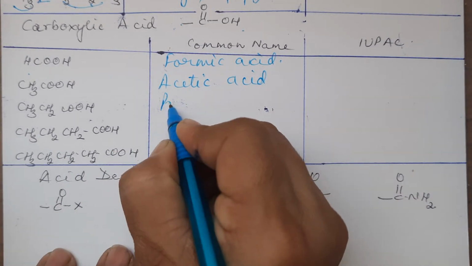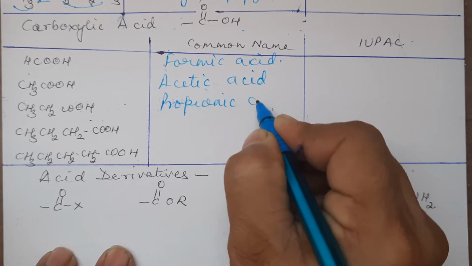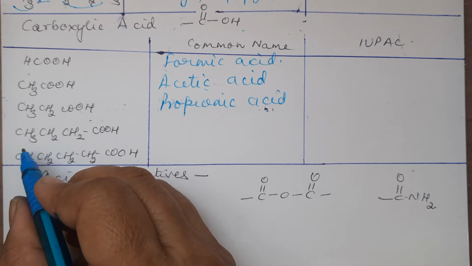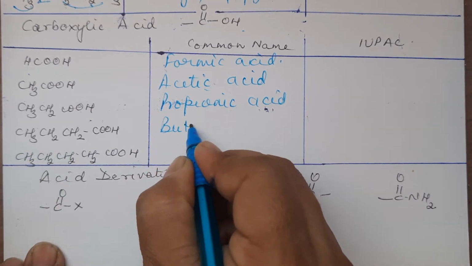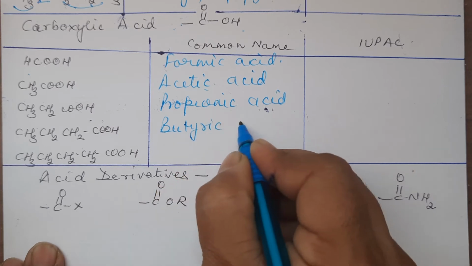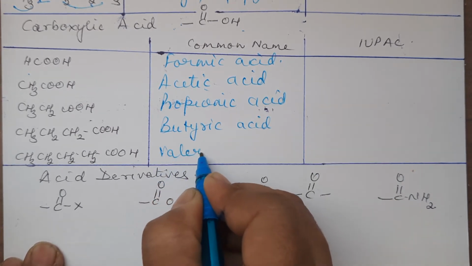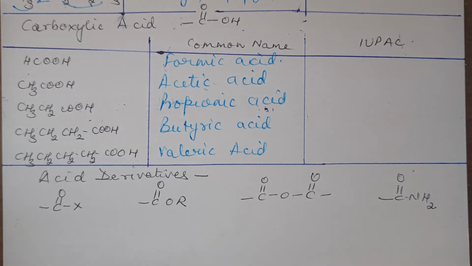The third one is propionic acid. The next one is with the 4 carbon atoms, you have butyric acid. This is valeric acid. Exactly like aldehydes, the common names are like aldehydes.